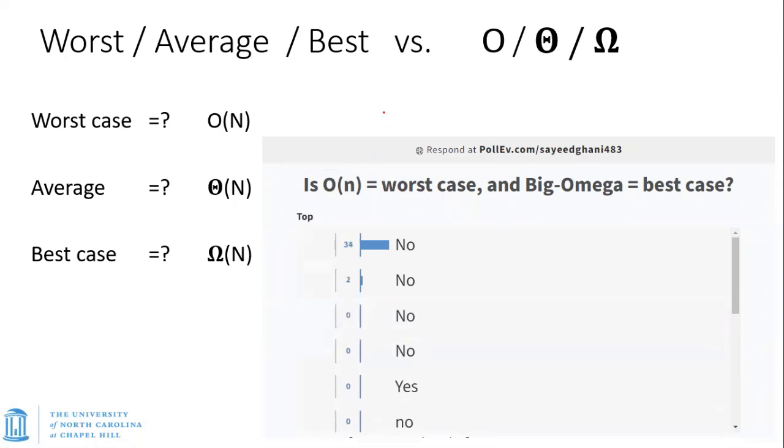So I'm expanding my question to not only include the big omega and the big O, but let's say for average, yes. Okay, so somebody mentioned that for average, yes. So would anybody like to elaborate on that? Why can't we use big O as a worst case and omega as best case, and why can we use perhaps theta as the average case? Any thoughts? Why do you think we can't do that?